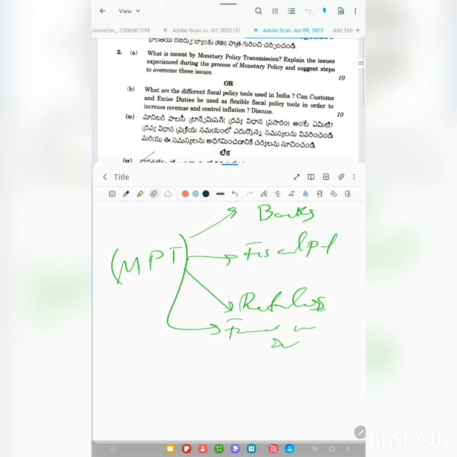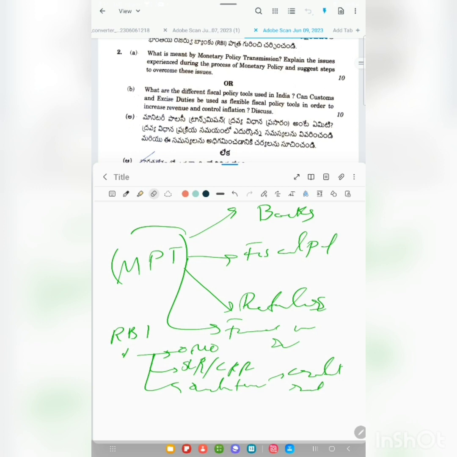As simple as that. What are the tools that the Reserve Bank of India uses to conduct monetary policy? They use open market operations, SLR, CRR, and other qualitative tools like credit rationing, etc. These are the tools.